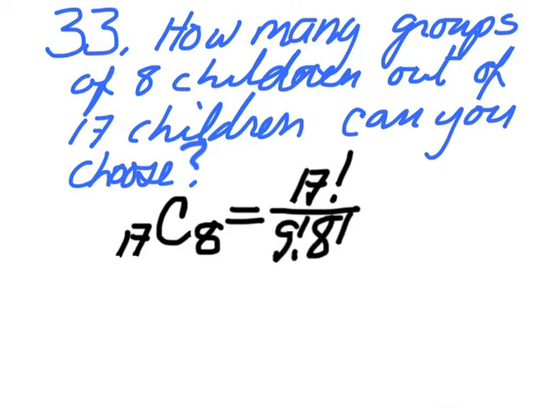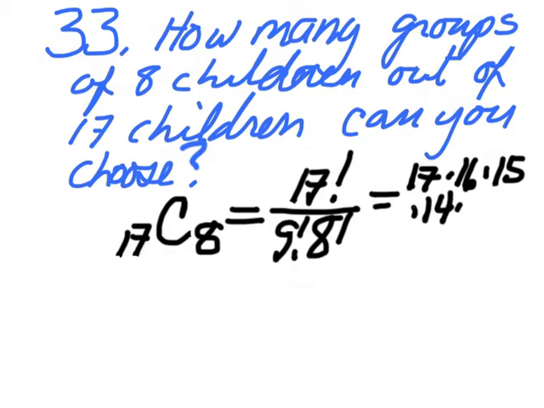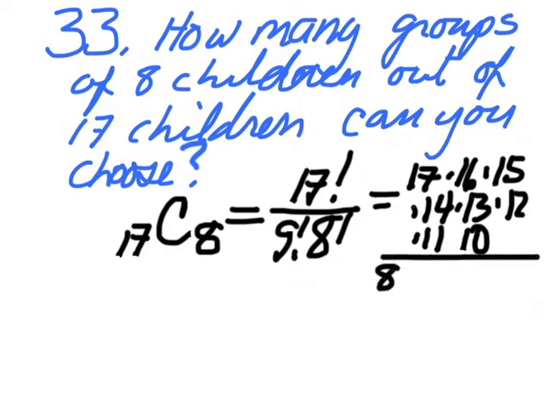The 9 factorial cancels with the 9 and below in the 17 factorial, so I'm left with 17 times 16 times 15 times 14 times 13 times 12 times 11 times 10, over 8 times 7 times 6 times 5 times 4 times 3 times 2 times 1. I've got lots of canceling to do here.